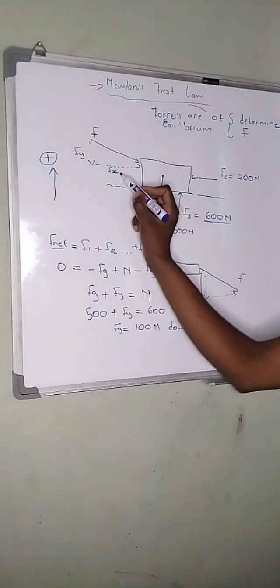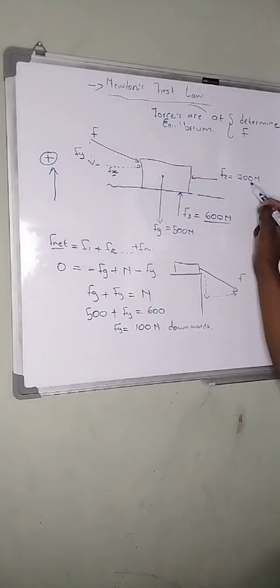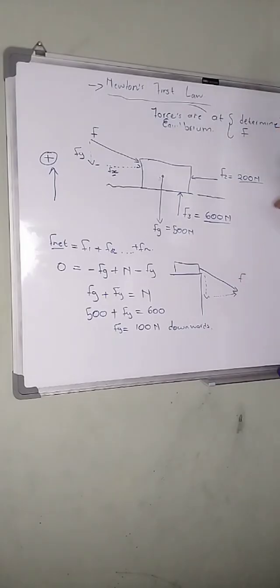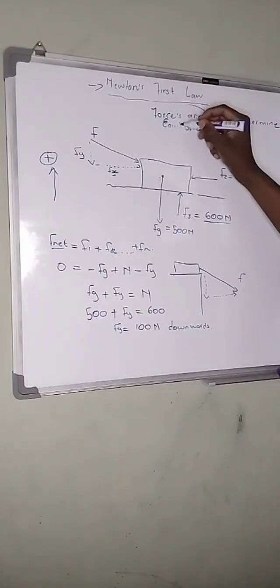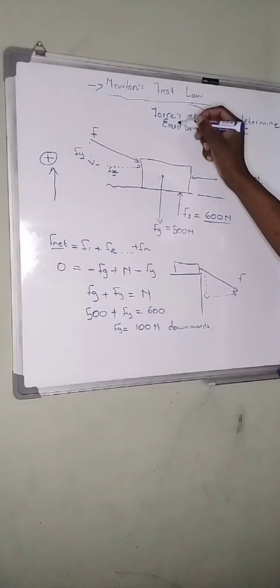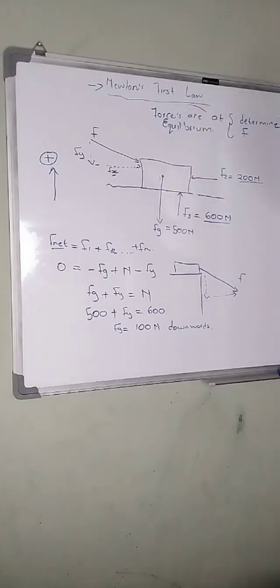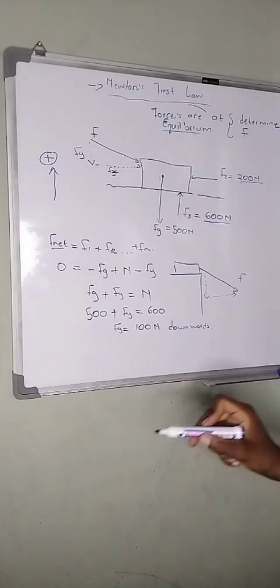So, some of you are saying Fx is going to be 200. Why do we say that Fx is going to be 200? It's because all the forces are at equilibrium.